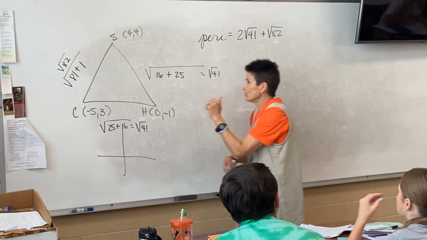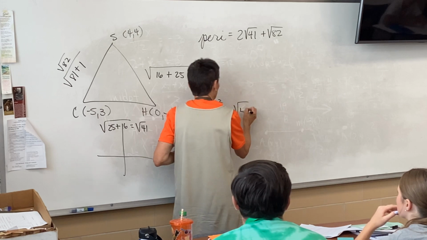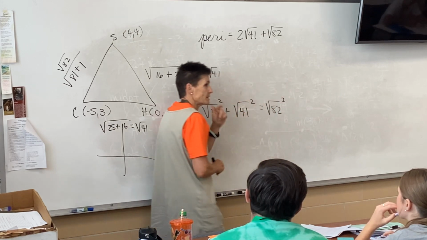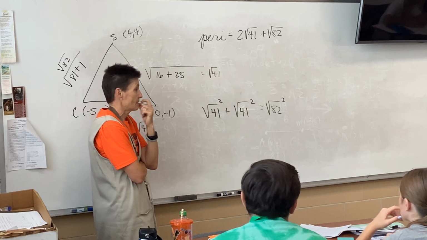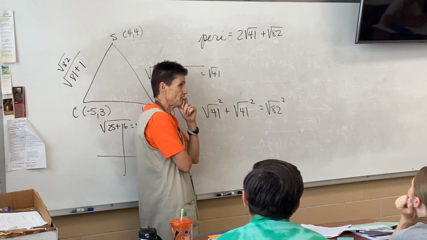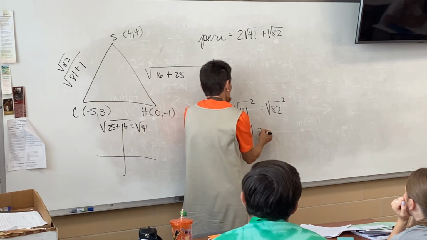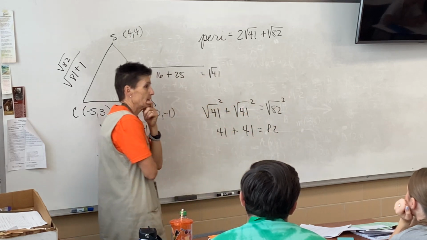Is it true that root 41 squared plus root 41 squared is root 82 squared? The true statement? What's the square root of 41 squared? 41. What's the square root of 82 squared? Is that a true statement?